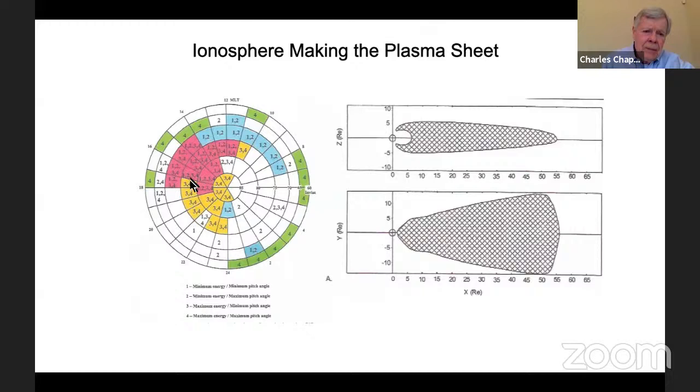These are different pitch angles. He measures in these different segments the pitch angle and the energy of the outflowing polar wind. Then he does an ion trajectory and connects that to the tail, each one of these, and sums them up.